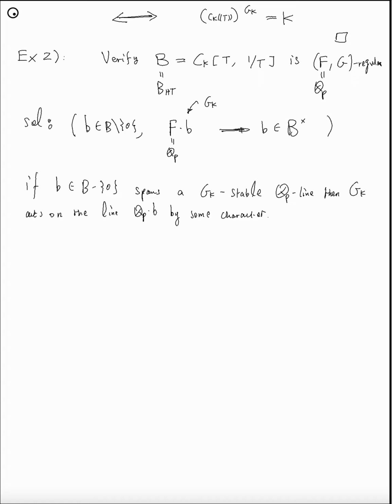This is stable, GK stable, so it cannot be 0, right? And so from JK to QP star.